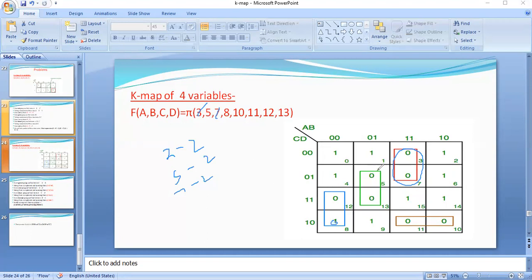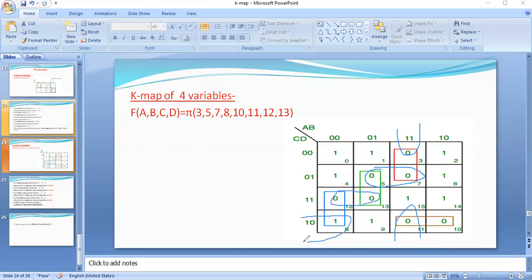For example, if you want to group, you may group these 3 and 11. So this is one group. After that, you have to choose like this, and like this.